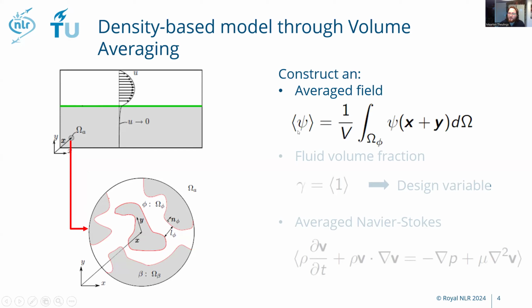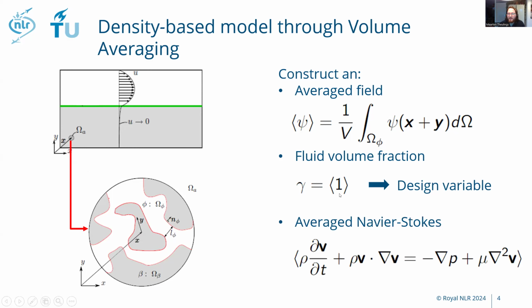So this is the averaged field psi, by simply integrating over that domain and dividing by the volume of that domain. That's the basic tool I use to define a new set of equations that adapts the Navier-Stokes for solid-fluid topology optimization. I can then use that volume average to also define my fluid volume fraction, and that's just the average of 1. That's also what we previously saw that Joe used, that gamma value.